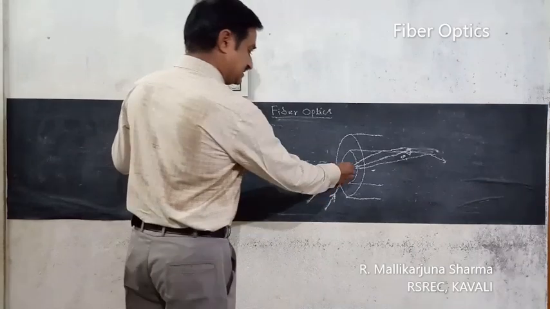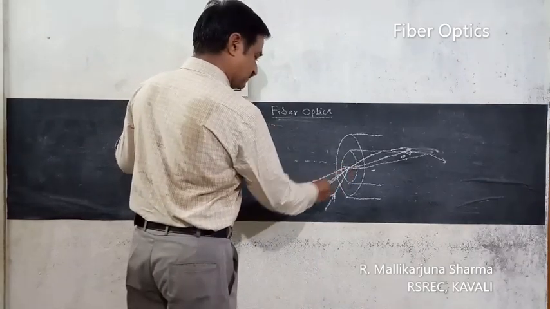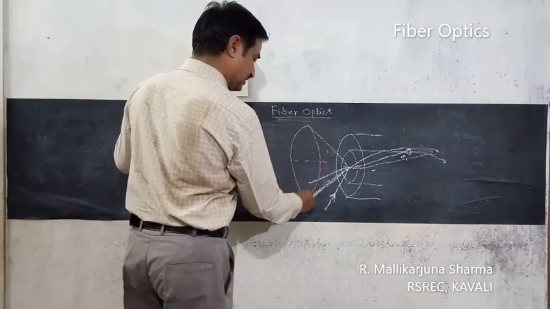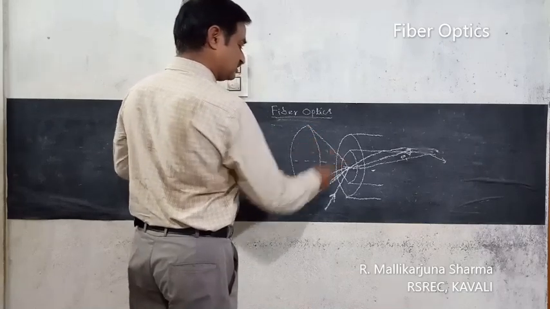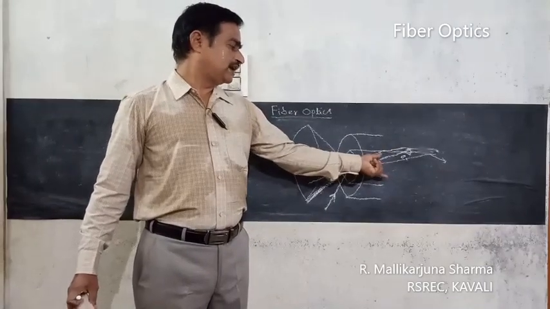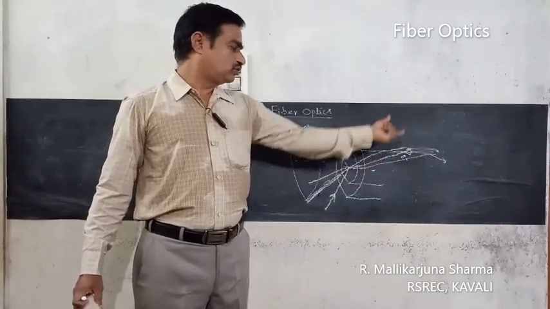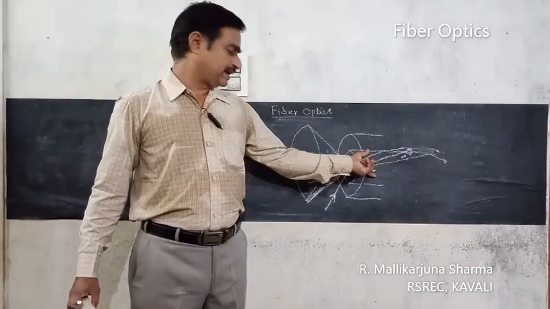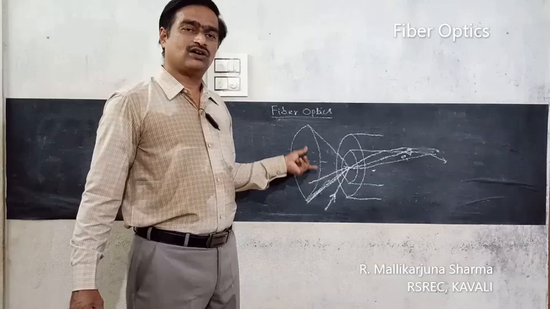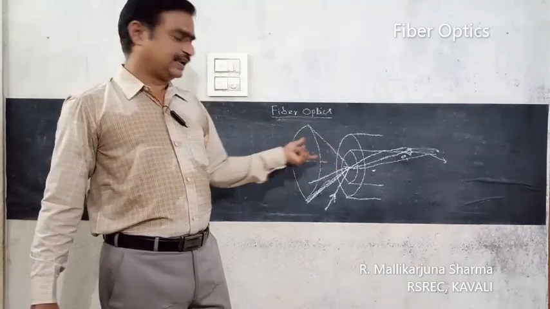As it is a three-dimensional structure, if with this angle we construct a cone, all the light rays that are passing through this cone are going to be allowed to go to the other side by the core medium. This type of cone is called the acceptance cone, because this cone is accepting the light rays.